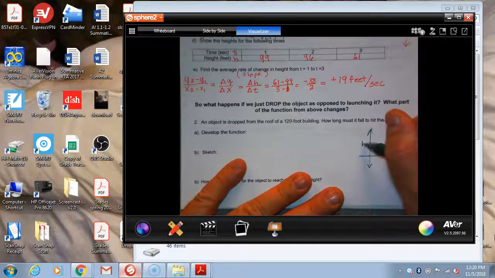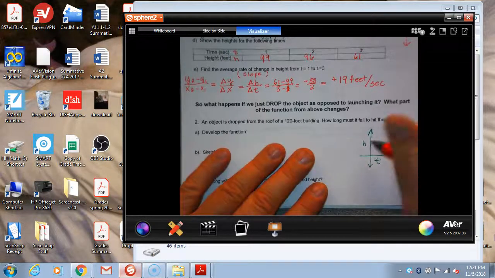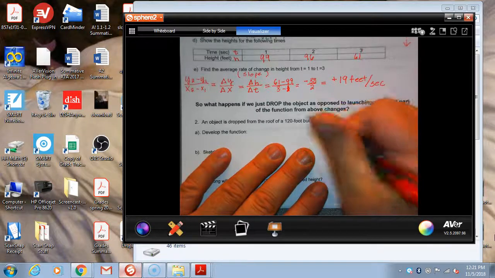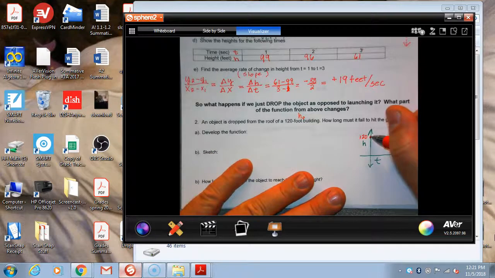So this is my height, and this is my time. Where am I starting at? 120. By the way, what would that be in our equation? H of 0, right? The initial height.